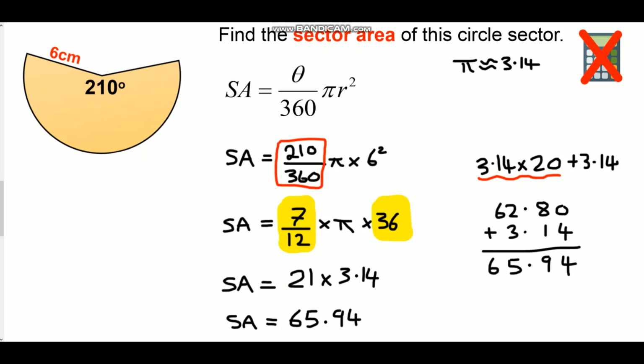And my units are centimeters squared because we're looking at a 2D area. And that's it. If you can remember those steps, you can take on just about any SQA question about sector area or arc length.